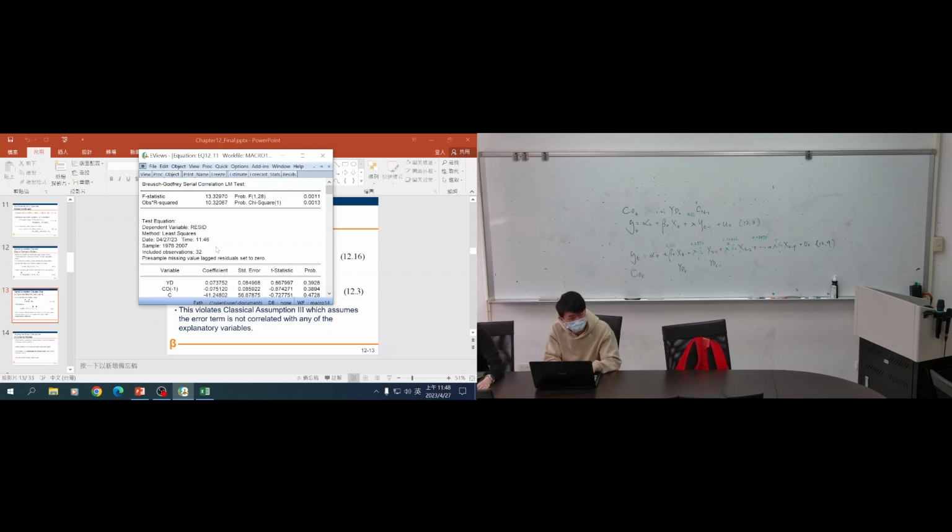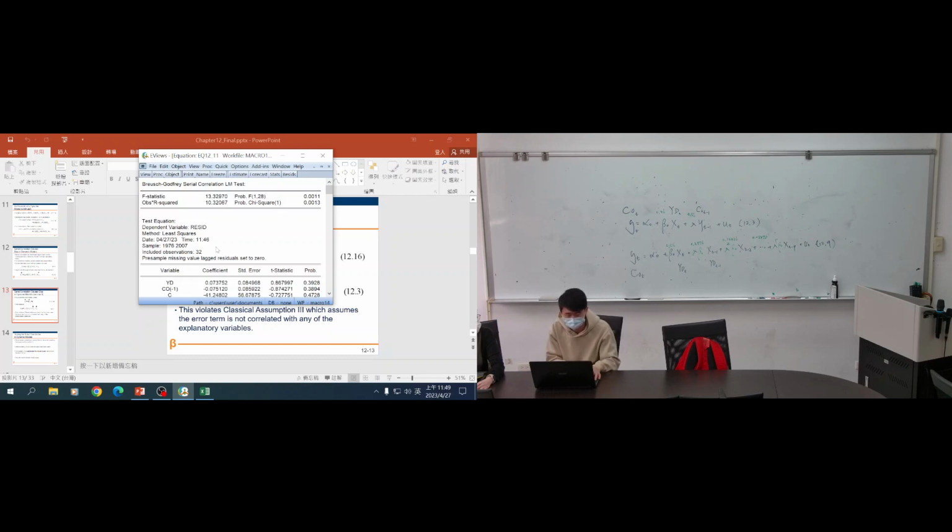What does this result tell you? Do we have serial correlation? Yes. Look at the observations times R square, which is 10.32, which is chi-square distributed with 1 degree of freedom, and the p-value is 0.0013.